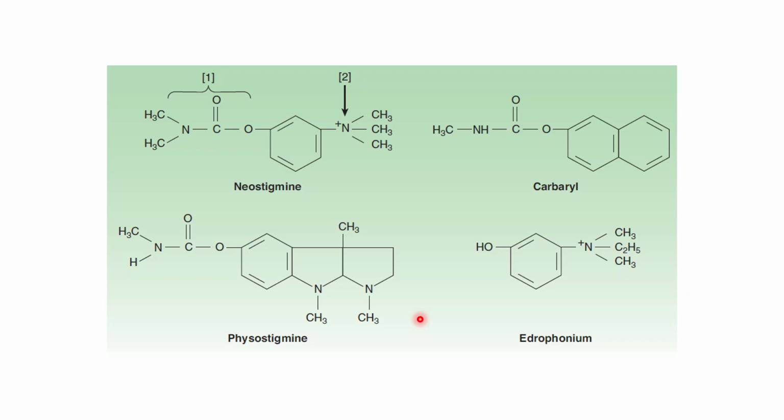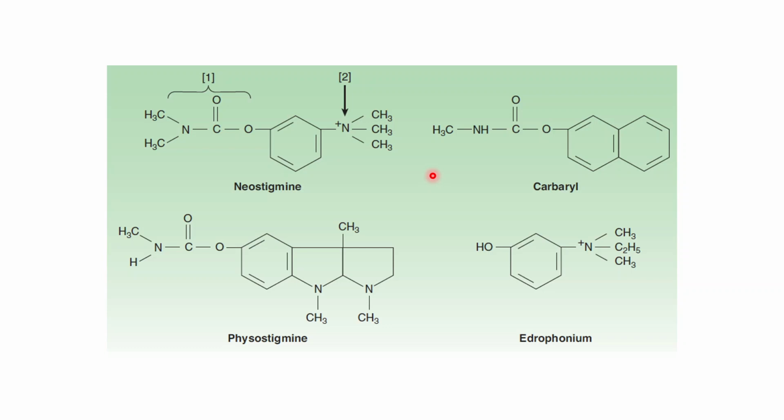Carbaryl is typical of a large group of carbamate insecticides designed for very high lipid solubility, so not used in medicine, but absorption into the insect and distribution to its central nervous system are very rapid, so used as insecticides to kill the mosquito.